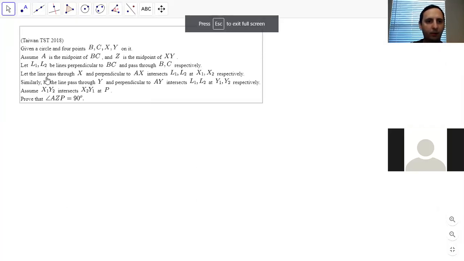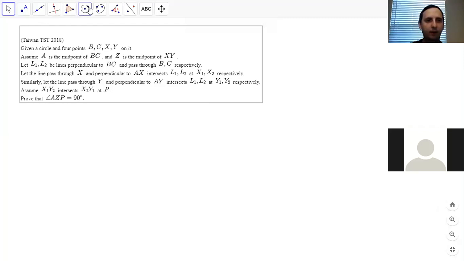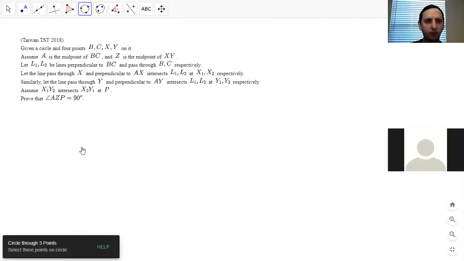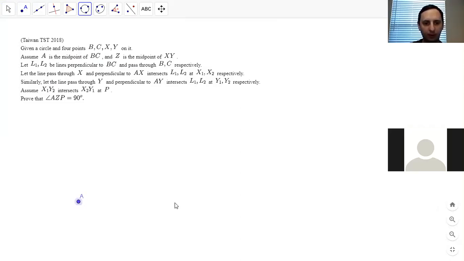So we have a circle with 4 points B, C, X, and Y. I'm going to have to end up relabeling them.